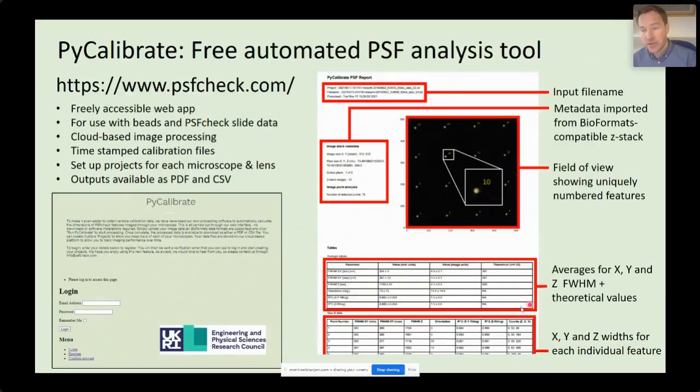There's a table of averages from across the field of view. So obviously we're analyzing multiple features in the field of view. You can either look at the averages and the statistics, or you can look at individual features and pick out their lateral and axial extents.